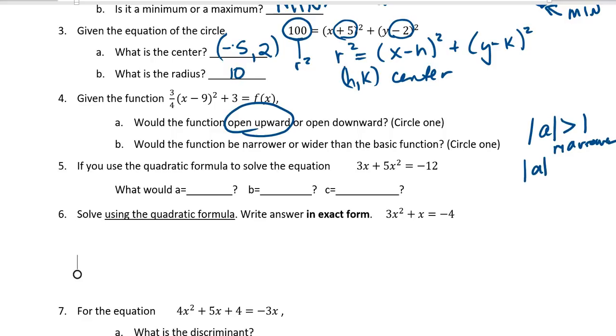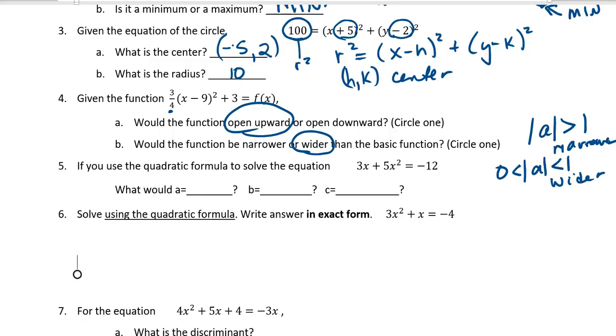And if a is between 0 and 1, a fraction or a decimal between 0 and 1, then it's going to be wider. Notice it does not matter if they're negative or not. I'm looking at the absolute value of that a value. So in our case, we have 3/4, and 3/4 is between 0 and 1, so we know it's going to be wider.